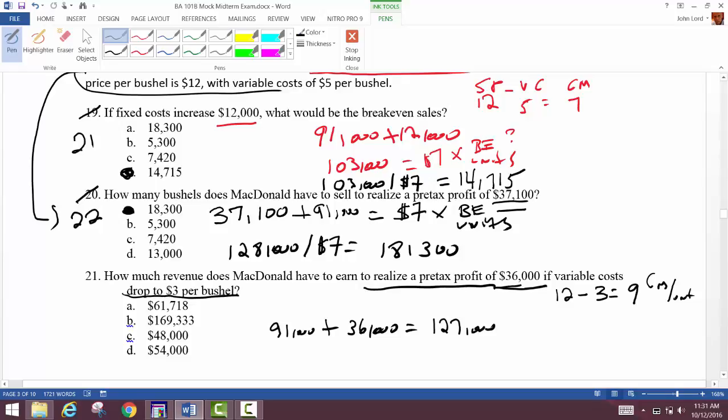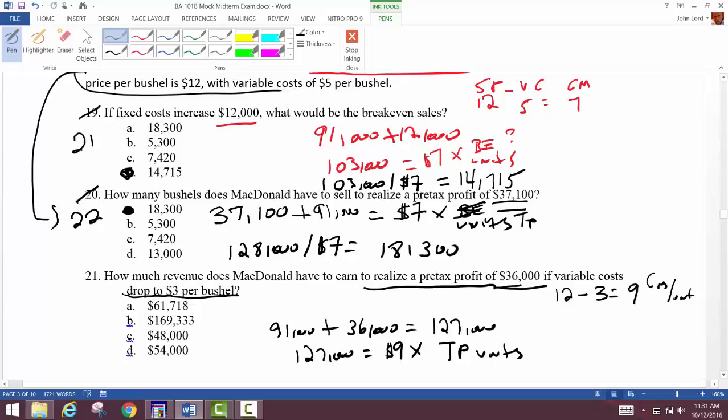127,000. And I'm going to set that 127,000 equal to my contribution margin per unit of $9 times my break-even units. I should have called it target profit units, because we're not breaking even anymore.